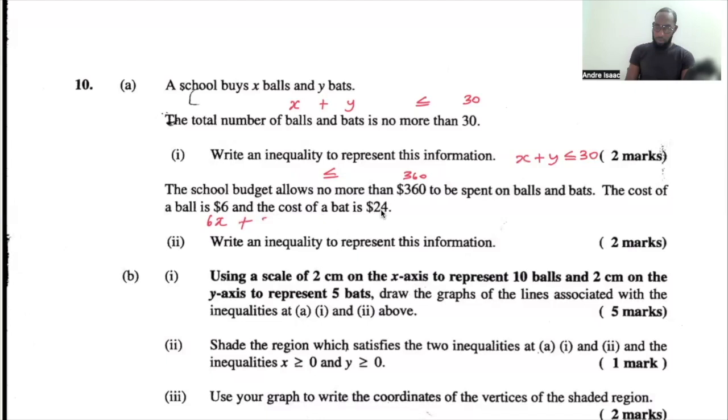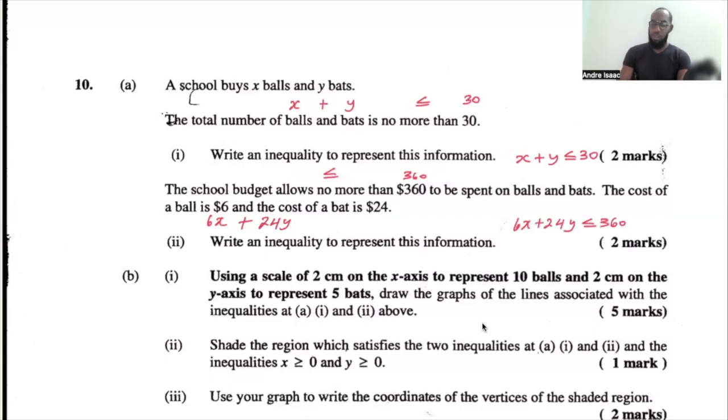So we have 24Y because each bat costs $24 and Y represents the number of bats. Writing an inequality for this information, we have 6X plus 24Y less than or equal to 360.